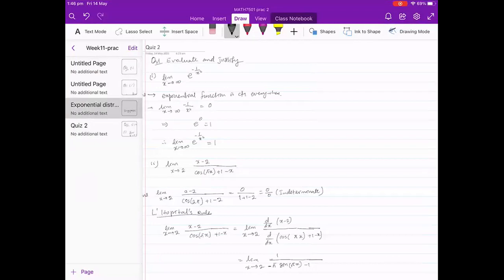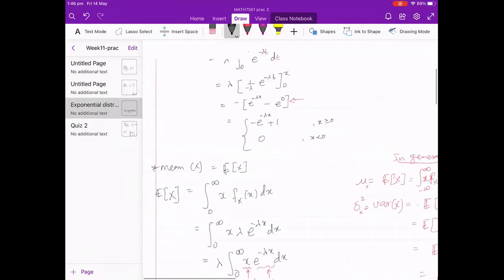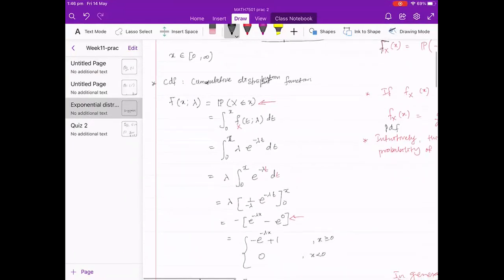Let me show you how to do that. Okay, I've asked to find the CDF, which is the probability of X less than or equal to x in this case.